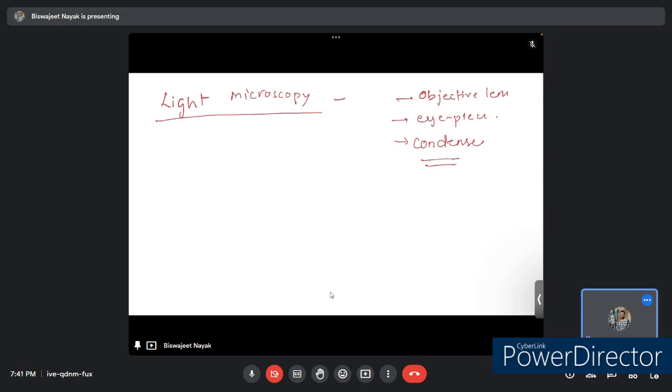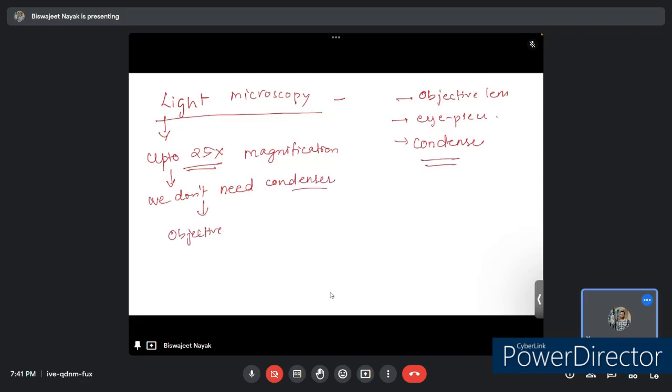But up to 25x magnification, we don't require this condenser for getting a better image. Objective itself can work properly and give us better results.